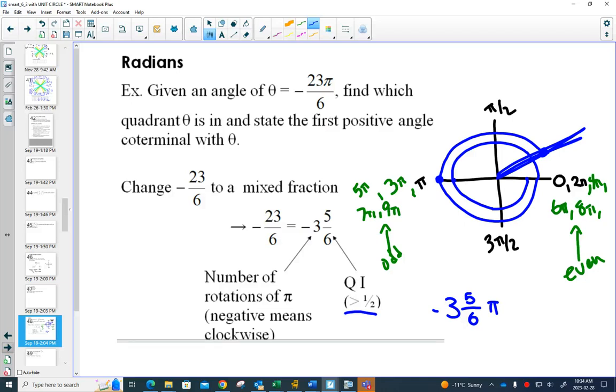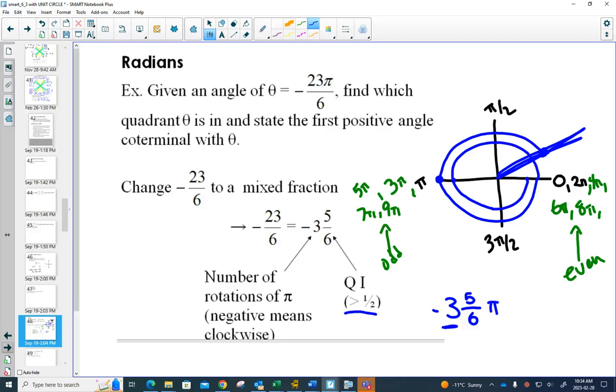Then the mixed fraction, and you're going to have to get really good at this, changing it to a mixed fraction and then determining where is it going to be. The whole number is going to tell you if you're either at your positive x-axis or negative x-axis. We had a 3. That puts us on the negative x-axis. The negative tells us which direction we're going.